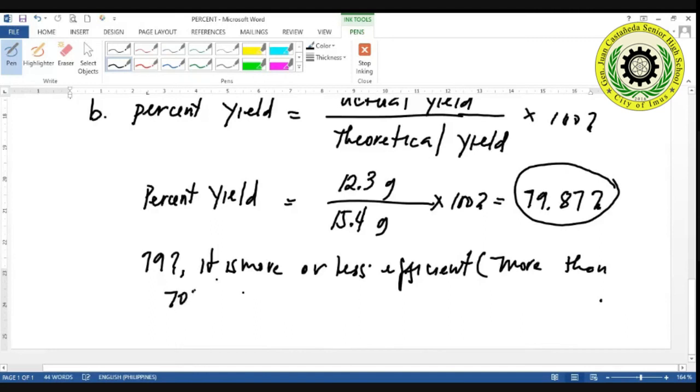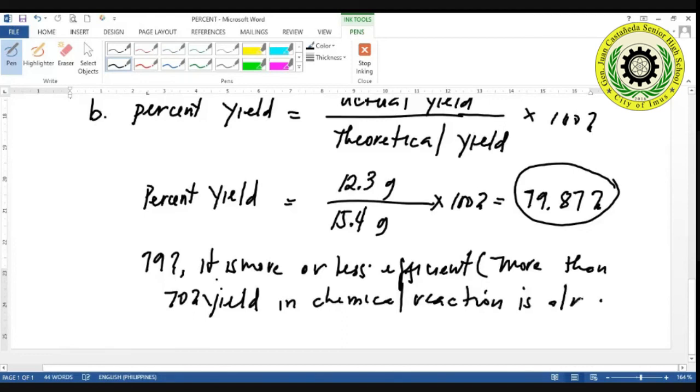Kasi po, more than 70% yield in chemical reaction, that is already efficient. So, why is percent yield important?